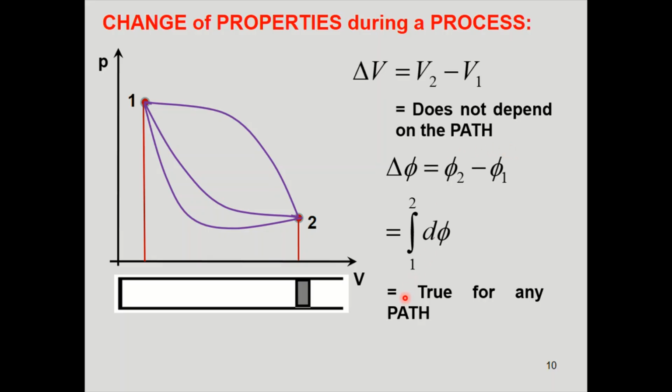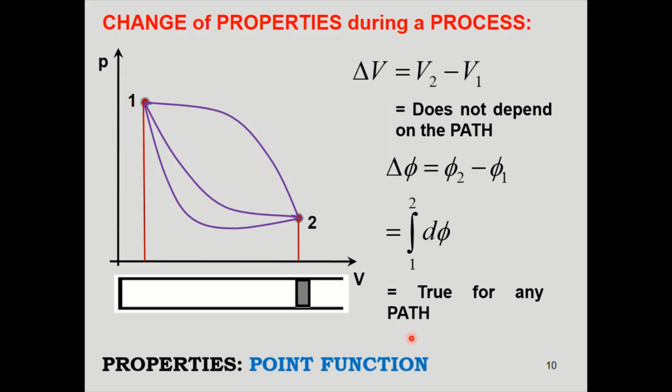They don't depend on the path followed, they depend on the initial point and the final point only, the integration limits only. That is true for any path. So properties are point function and exact differential.